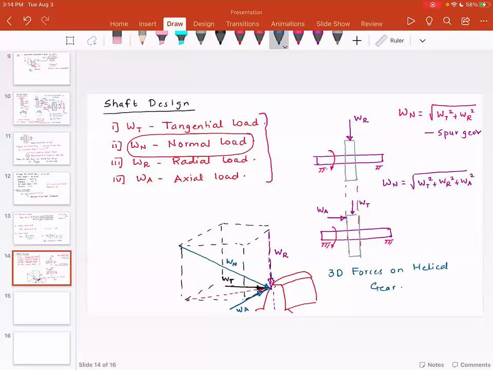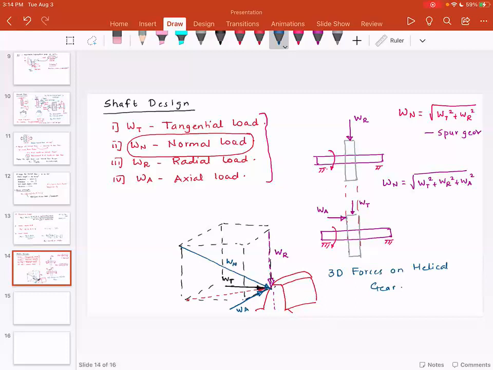Now, what it means is let's think about in terms of angles. So as you can see, if my helix angle is zero, I want you to see what is going to happen.